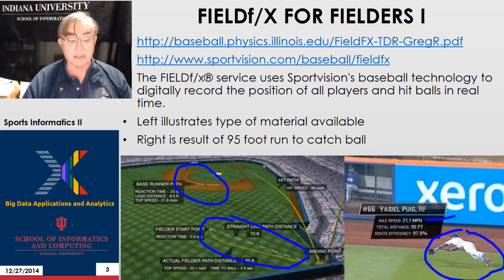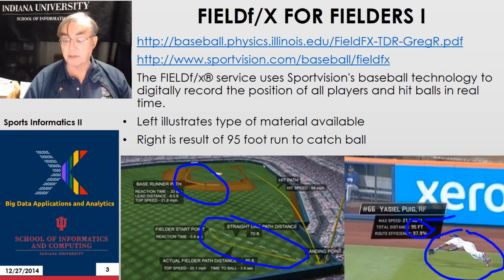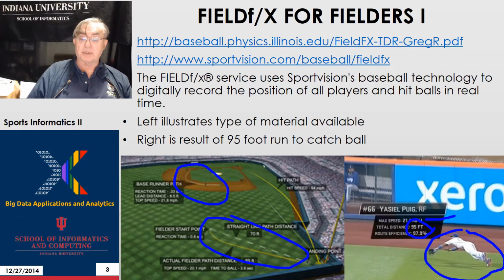And notice this is a mixture. Here we're just seeing visualizations, what we call spatial visualization, which is the initial thing to produce. But here there's some actual analytics. It tells you how efficient the fielder was. And of course, using these numbers like the total distance the fellow had to run, you can actually compare the fielding rather precisely with that of other fielders.